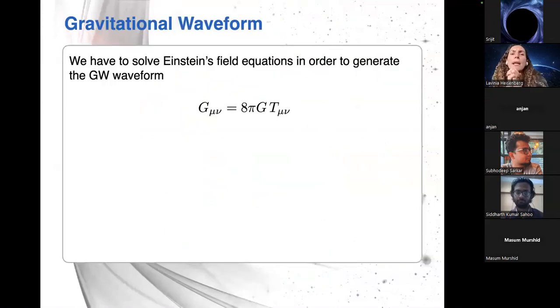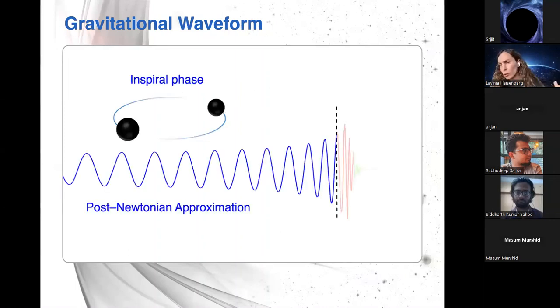Okay, in order to get this waveform theoretically, you have to come up with a theoretical prediction. And in order to have your waveform, you have to solve Einstein's field equations. But they are not so easy to solve, and it's highly non-trivial.